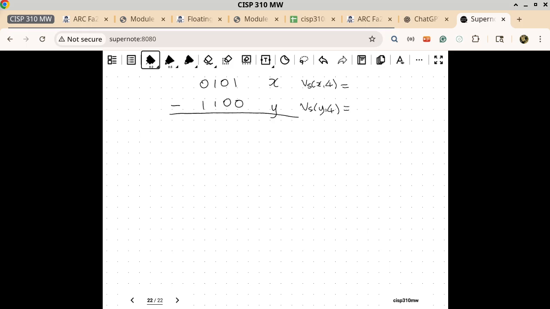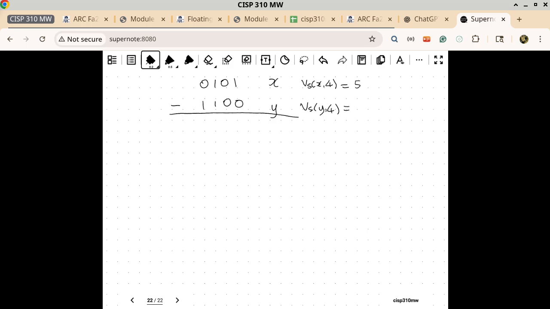We'll start with X. What is the signed interpretation of the bit pattern X up to 4 bits? It's 5, right? Because it's 1 plus none of 2 plus 1 of 4, and then we do not subtract an 8 because the bit corresponding to the 8 is a 0. So yes, it is a 5.